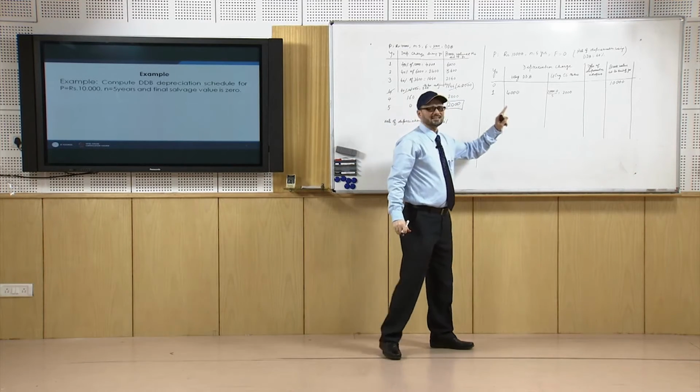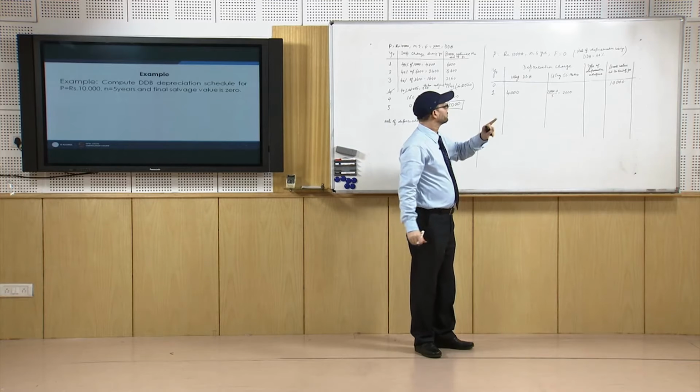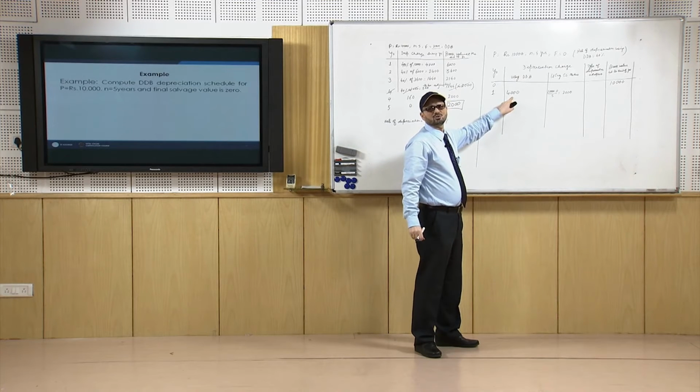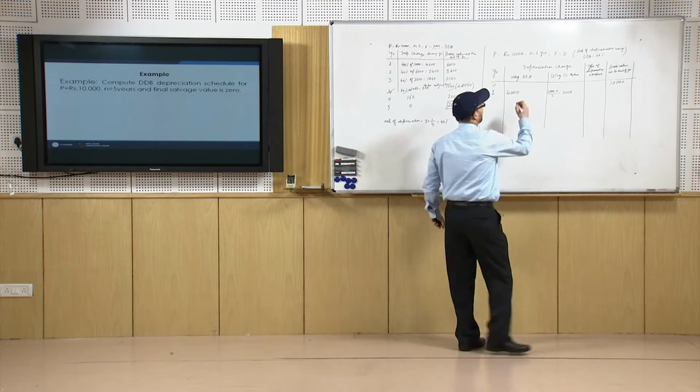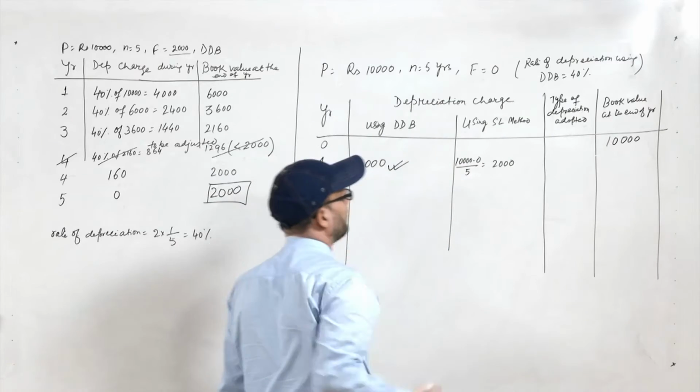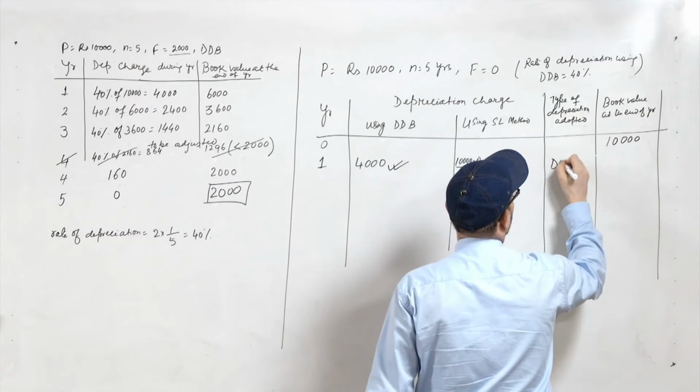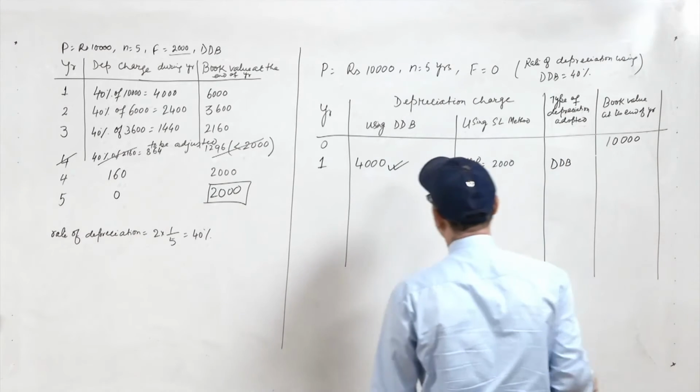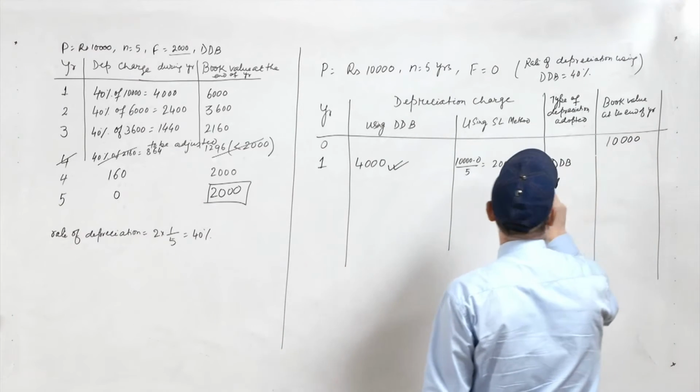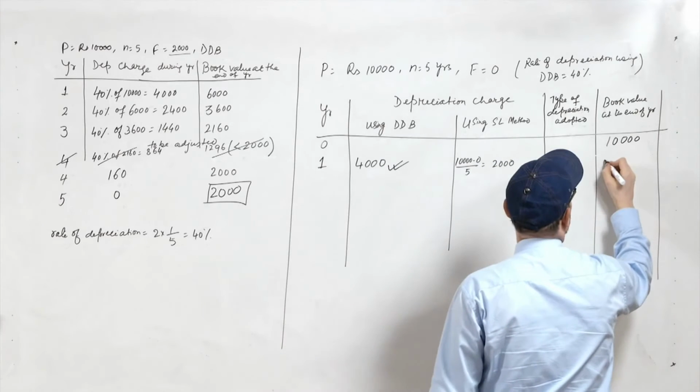So, you see that the amount of depreciation is more using double declining balance method, and that is why you go for this one and use DDB, and your book value will be 10,000 minus 4,000. So, it will be 6,000.